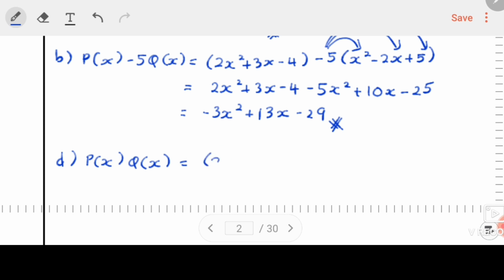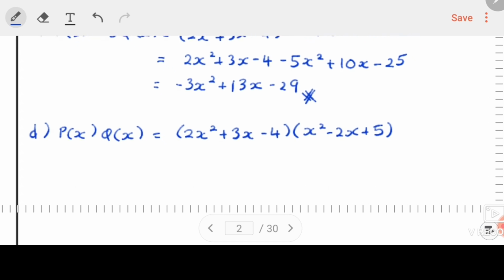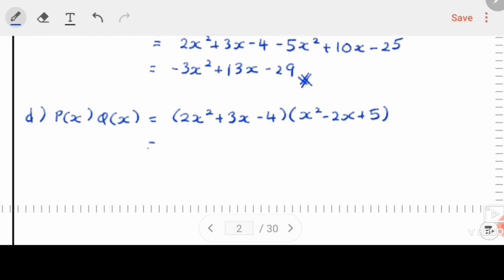Substitute P(x), 2x squared plus 3x minus 4, times with Q(x), x squared minus 2x plus 5. So for this question, we have to expand the bracket. Multiply 2x squared with each term in the second bracket.